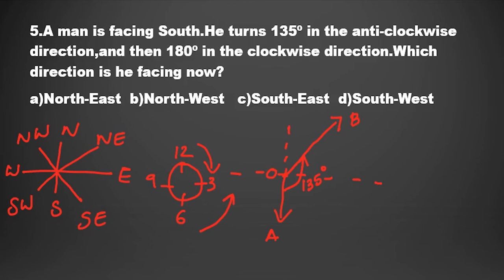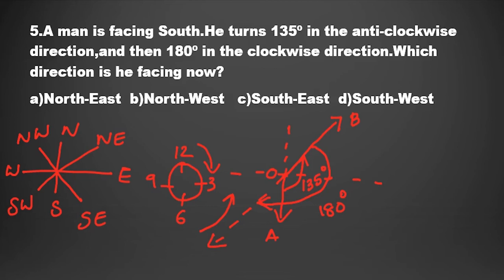Then 180 degree in the clockwise direction. From the point OB, he again moves 180 degree in the clockwise direction. So from here to here, 180 degree clockwise direction.